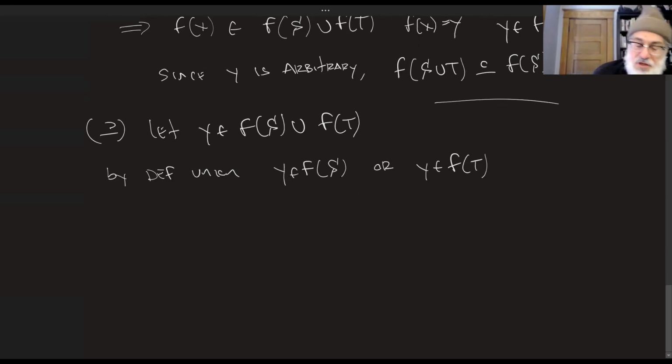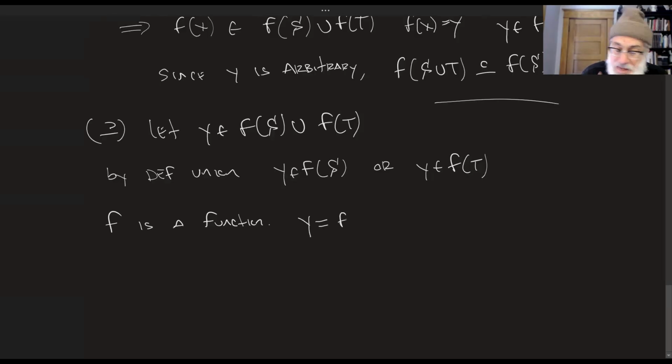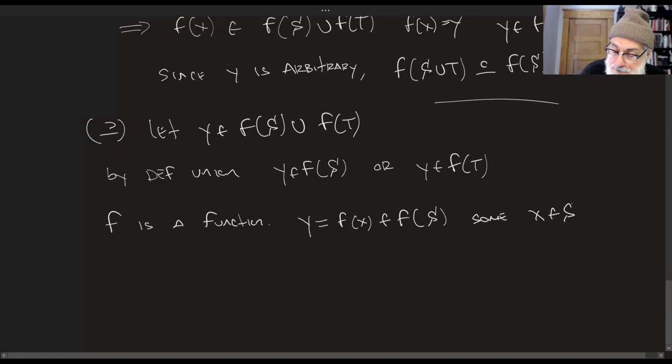So since f is a function, and y exists in the image of f of s and the image f of t, we know that y equals f of x in f of s for some x in s, just by definition.